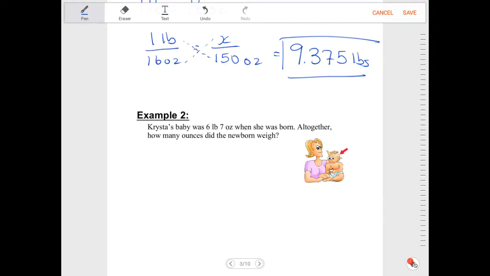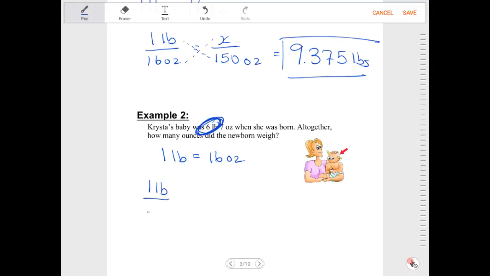Someone had a baby that was 6 pounds 7 ounces. How many ounces did the newborn weigh? Well, I think first what I would do is I try to figure out, we have 6 whole pounds. Well, how many ounces is that? Remember, we know that 1 pound is equal to 16 ounces. So you can do straight multiplication, you can do a proportion, it doesn't really matter.